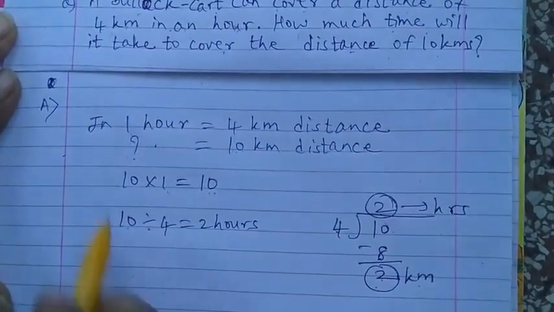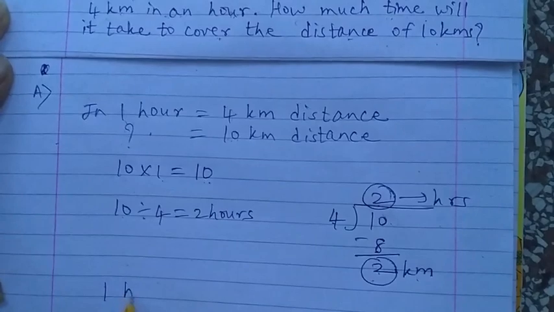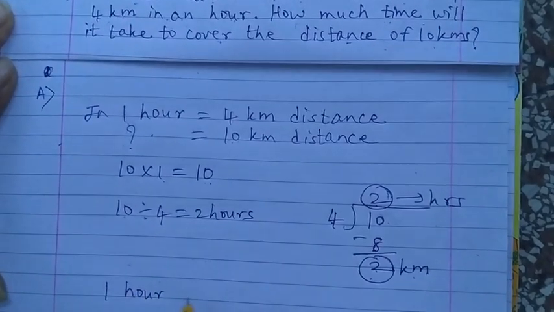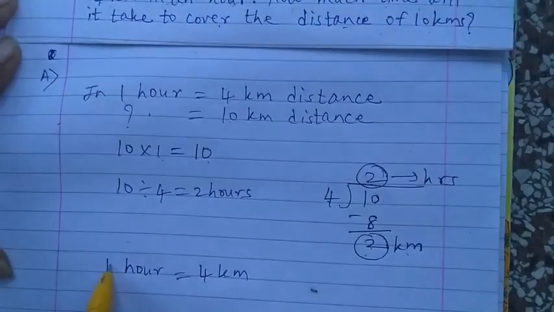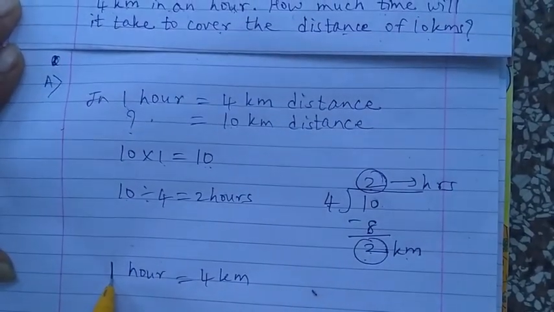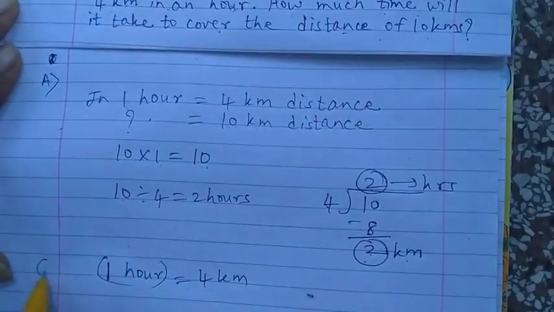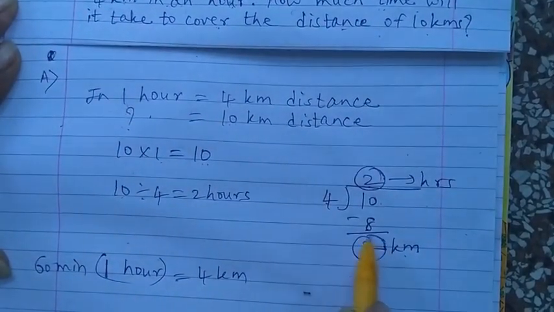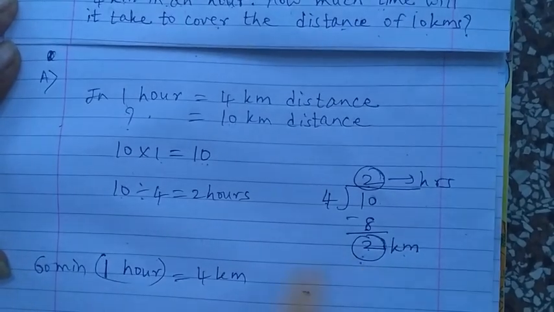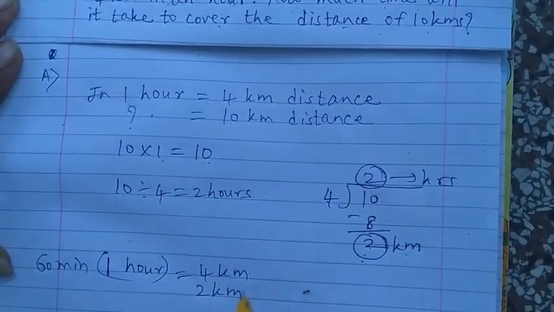So everyone knows that 1 hour equals to 4 kilometers. Now, if you know 1 hour is 60 minutes, so I will write here 60 minutes means 1 hour. How many kilometers are left? What is my remainder here? 2. 2 kilometers are left to be traveled.